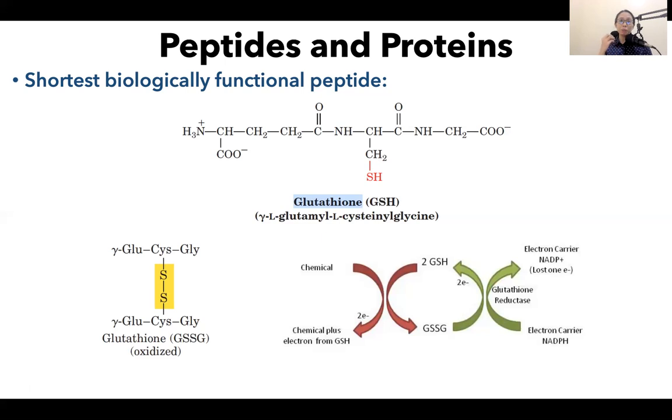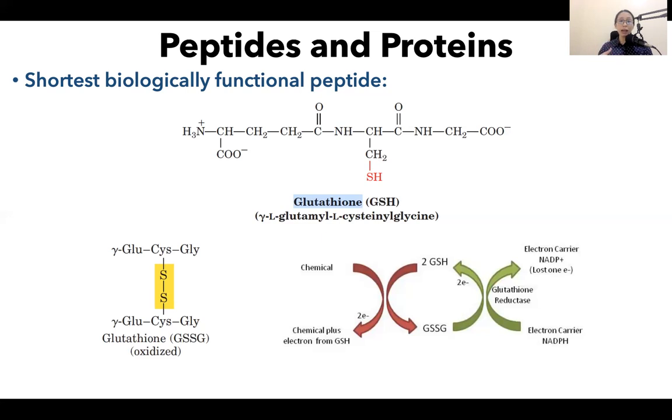So, for example, UV rays cause oxidation of your biomolecules. An example would be your DNA. UV rays can cause structural changes in your DNA. These structural changes can cause mutations, and we don't want that, right?